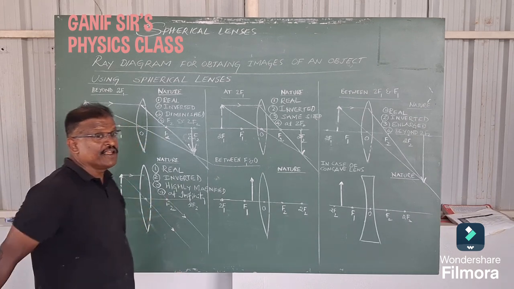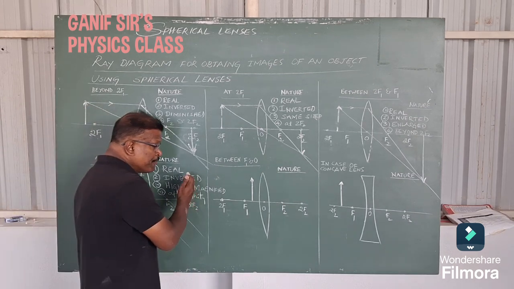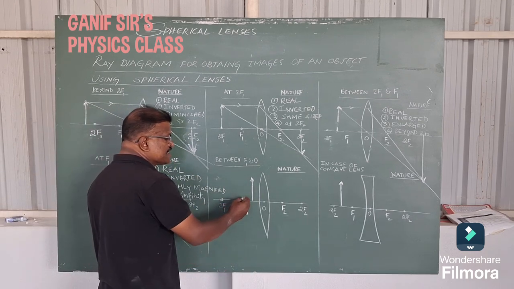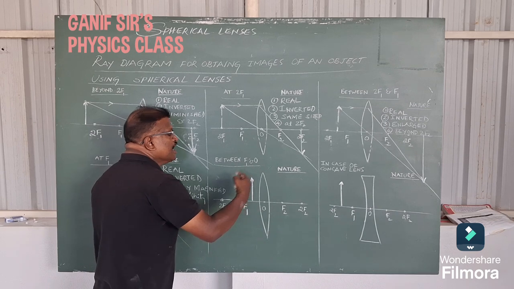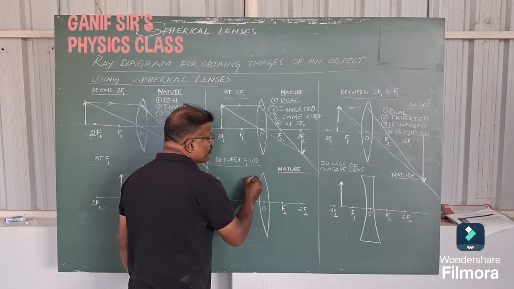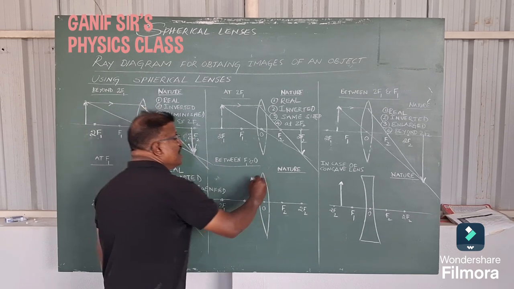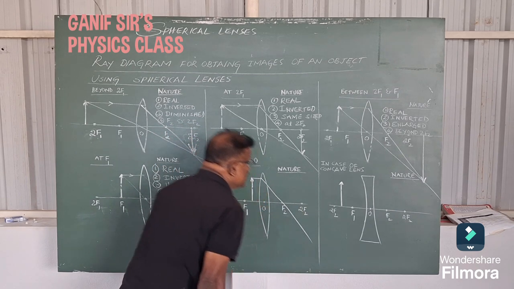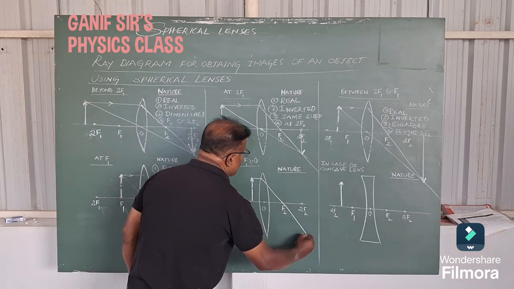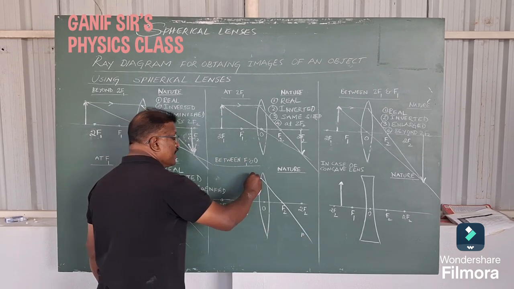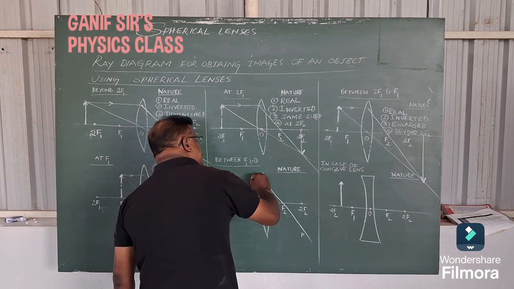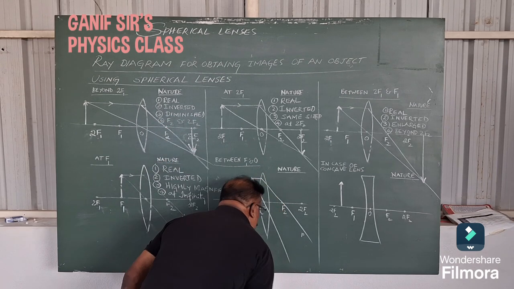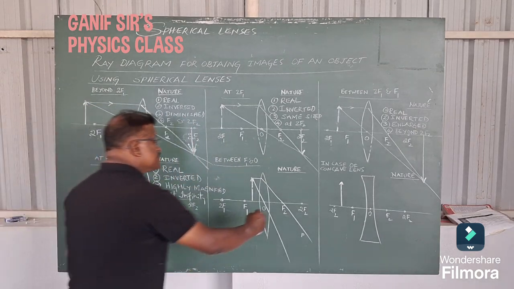Now the final position of the object. Now I am pushing the object still towards the lens, very close to the lens. That is, I am placing the object between F1 and O. Now I am following the same rule, first rule, and after refraction, it passes through F, and another ray passes through the optic center O. What happens?